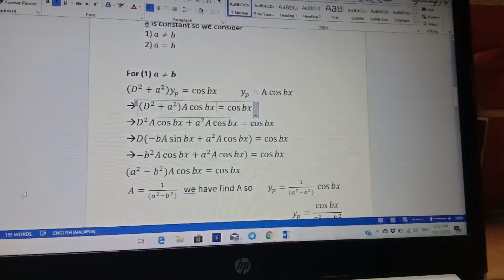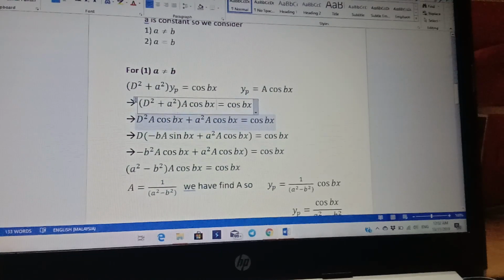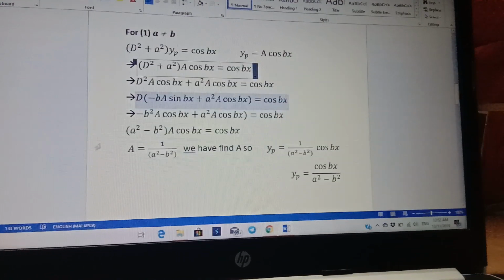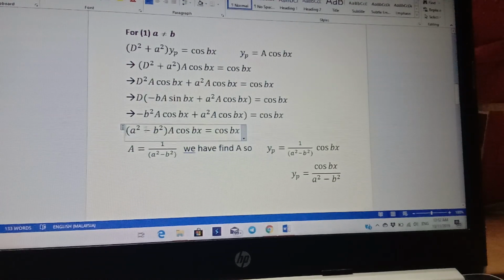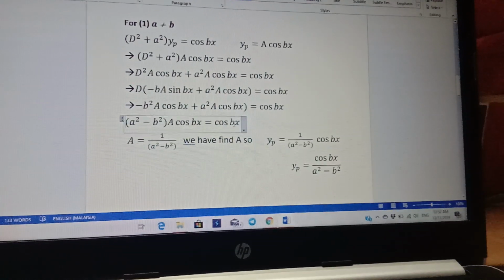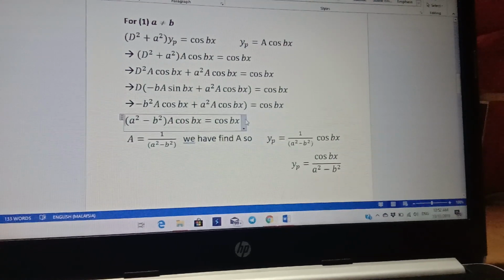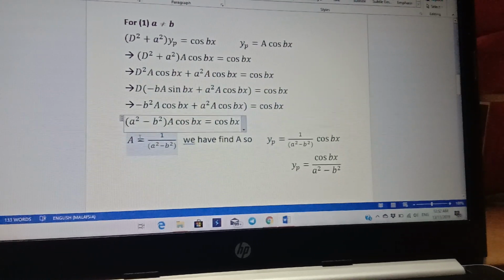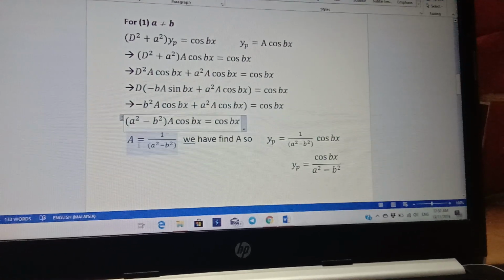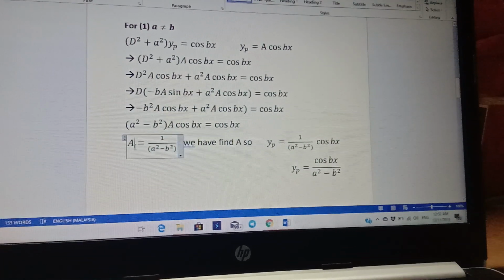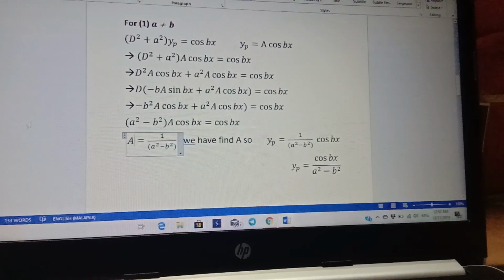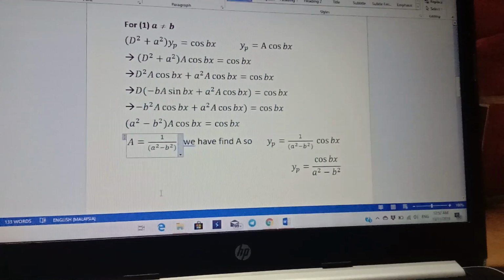After we solve it, I will get (a squared minus b squared) A cos bx equals cos bx. Because now we want to find the value of A, we can put it on the left side, and after we cancel out cos bx and cos bx, I will get 1 over a squared minus b squared.